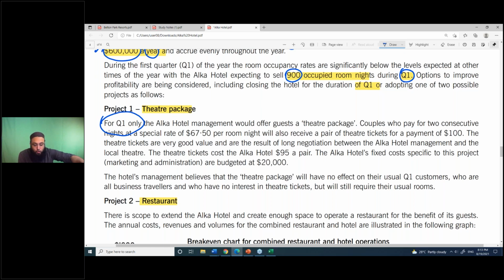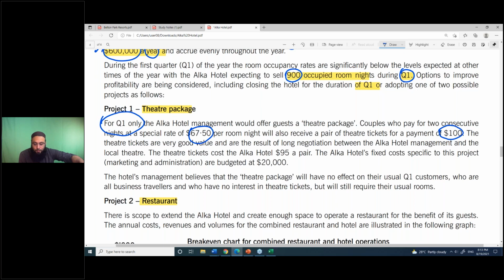Couples who pay for 2 consecutive nights at a special rate of 67.5 per room will also receive a pair of theater tickets for a payment of $100. It's a theater package that they are introducing for quarter one. The theater tickets are very good value and are the result of long negotiation between the Elka Hotel Management and the local theater.